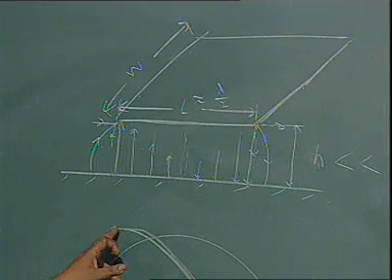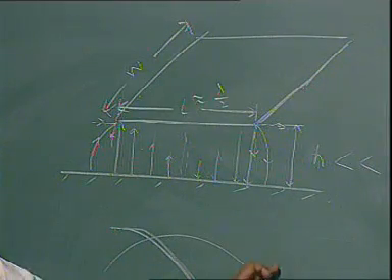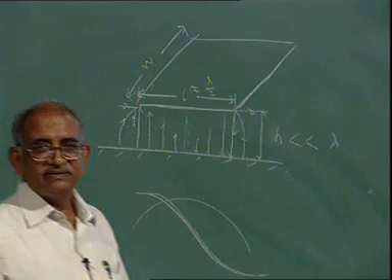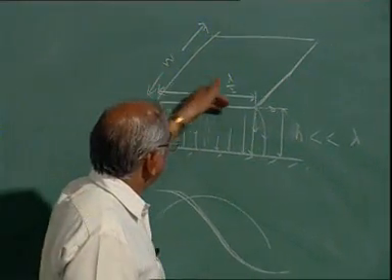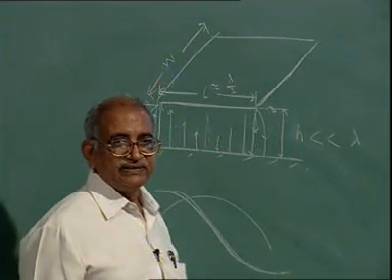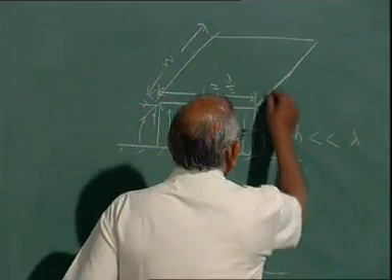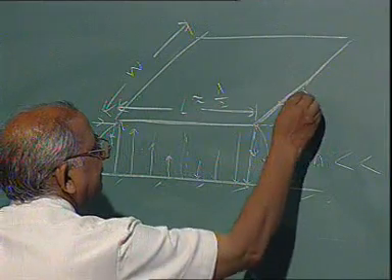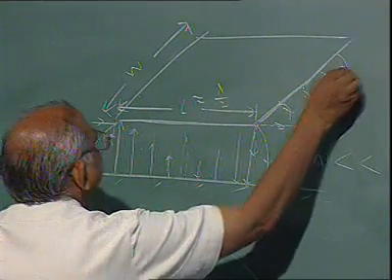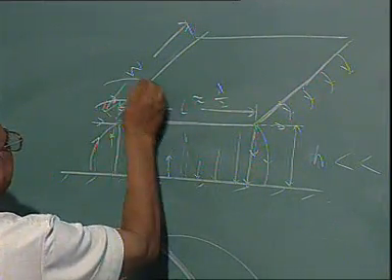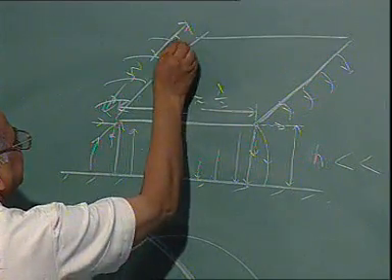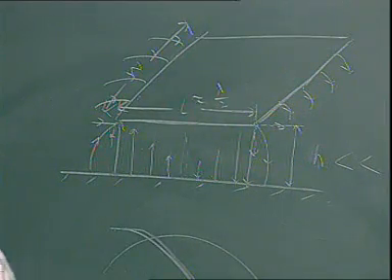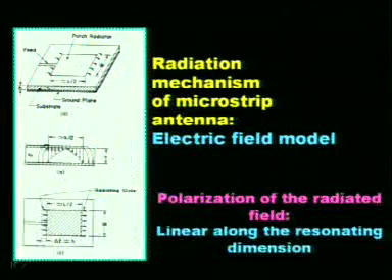So, whatever the radiation from here, whatever the field radiated from here, they will cancel out. So, this edge and this edge do not contribute to radiation. That is what has been shown over here.